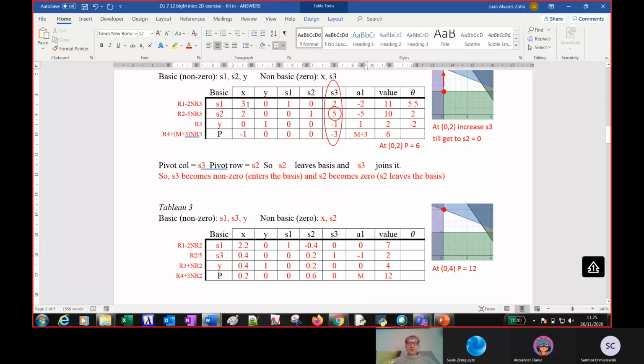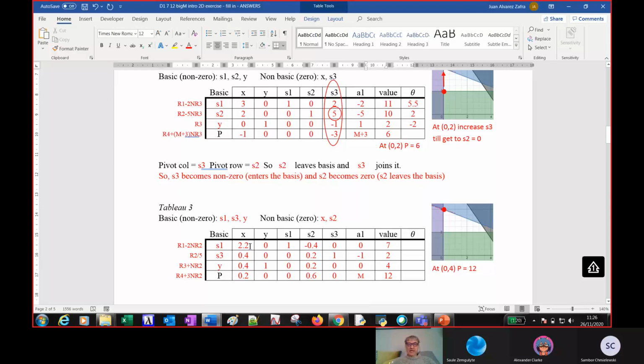So row 1 under the X, we had a 3, and we're going to subtract 5 times. Oh, wait a minute. No, twice, because this value here is a 1, row 1 is a 2, so we want to take row 1 and subtract twice new row 2.